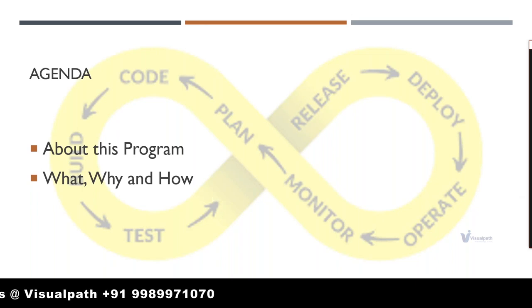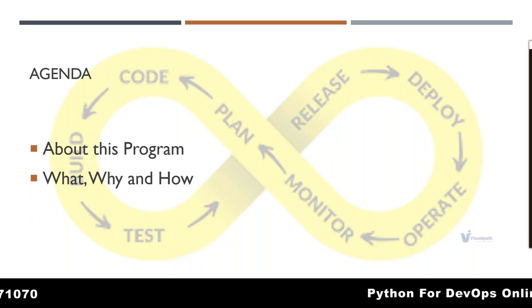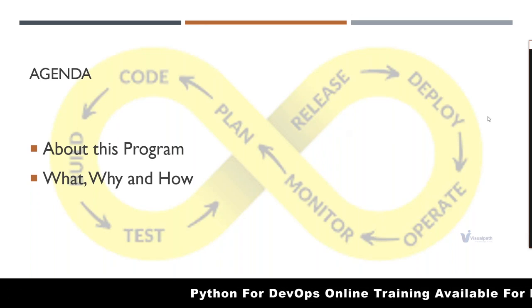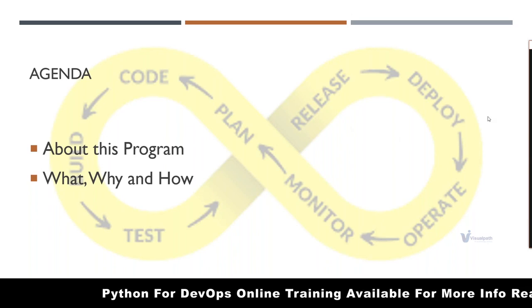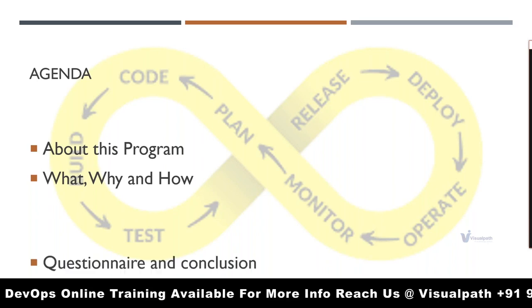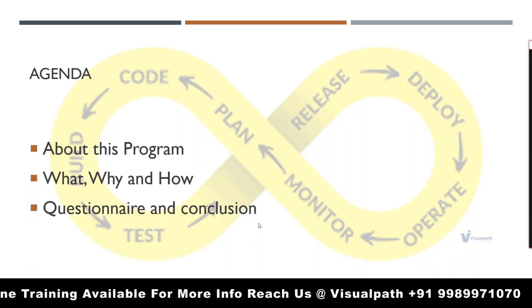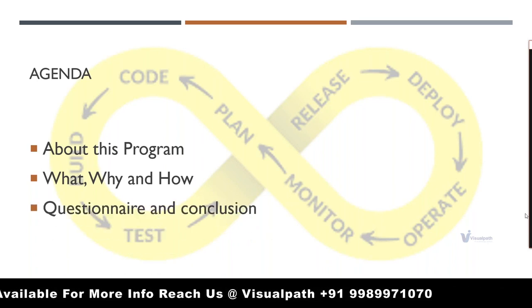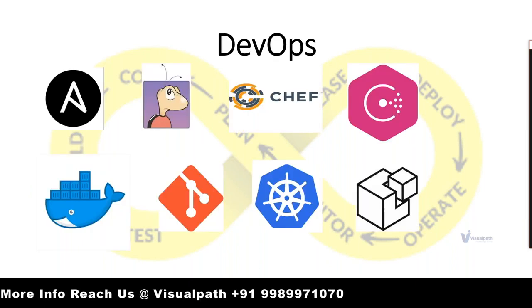What this particular Pythonic with DevOps is about, why we are using this, and how we are going to study this, meaning how I am going to drive your journey through this program. And lastly we can go with questionnaire and conclusion. So let's start.